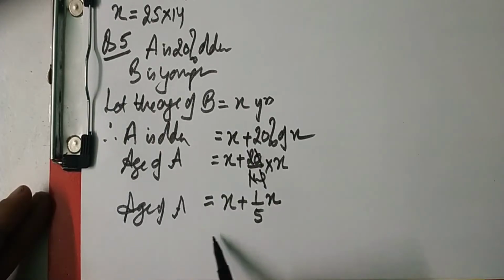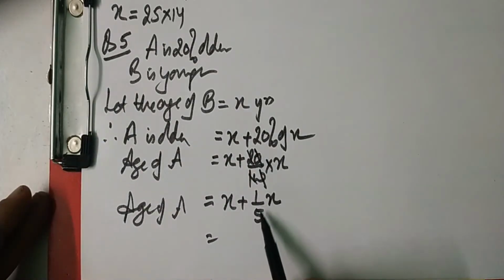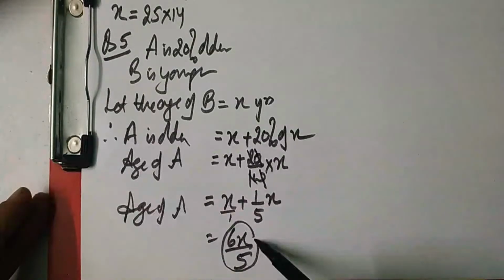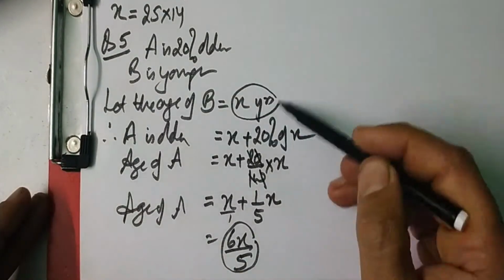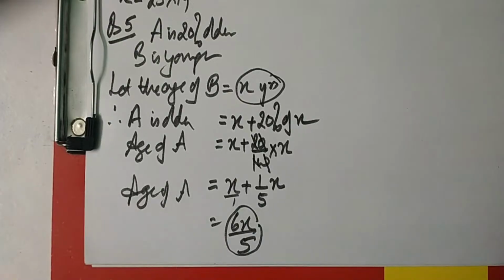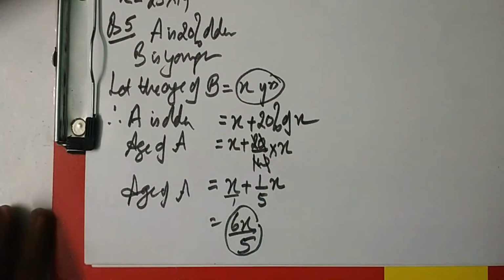Age of A is x plus x upon 5, and you will take the LCM 5. So it will become 6x upon 5. So A is this and B is this. So we have got age of both, age of B also and age of A also, but both are in x form.